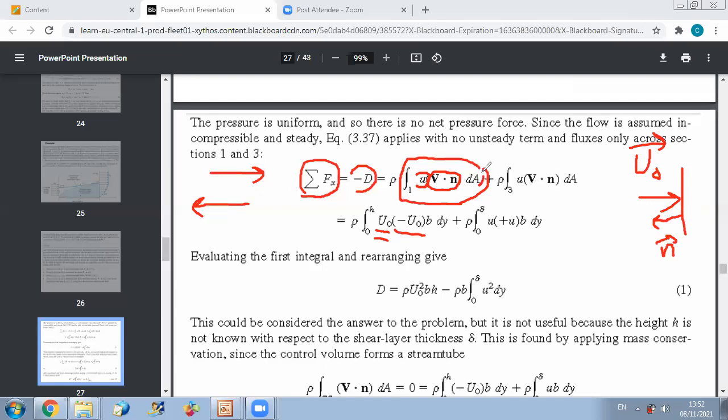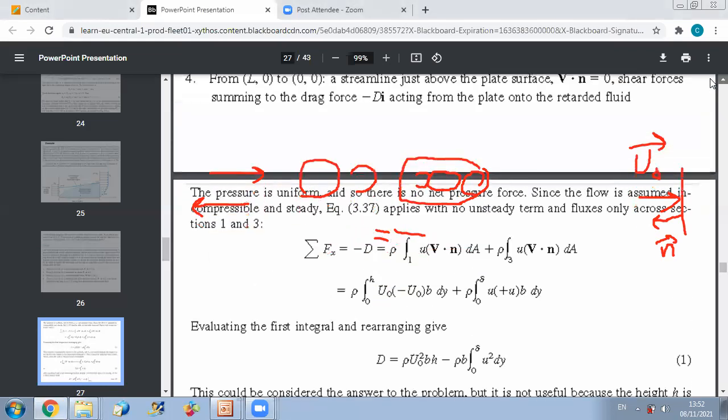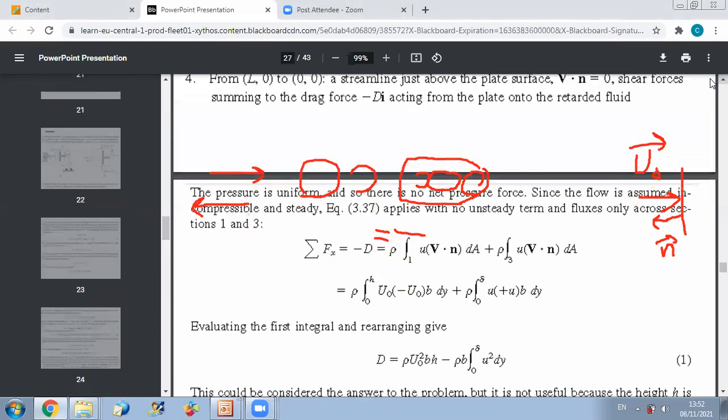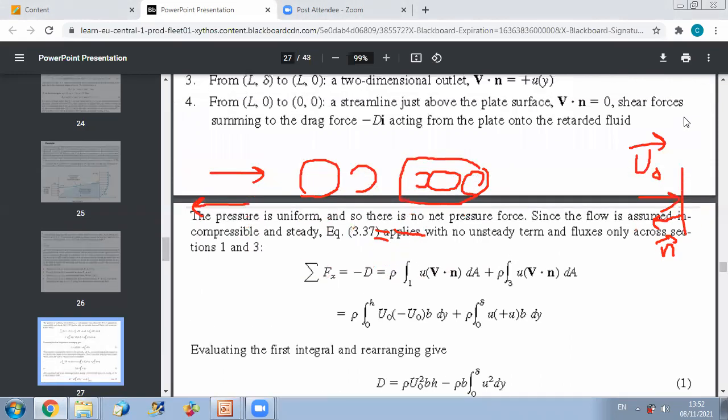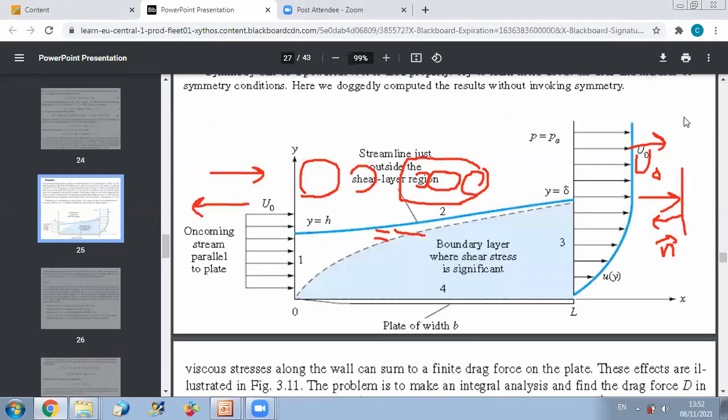Now, what is dA, the elementary area we are working on? Let us go back to our figure. Okay, this is your inlet. You are integrating over the vertical direction. So here your elementary area will be a small thickness, and since this is in the vertical direction, we'll call it dy, times the thickness perpendicular to the paper. The thickness perpendicular to the paper is the plate of width b.